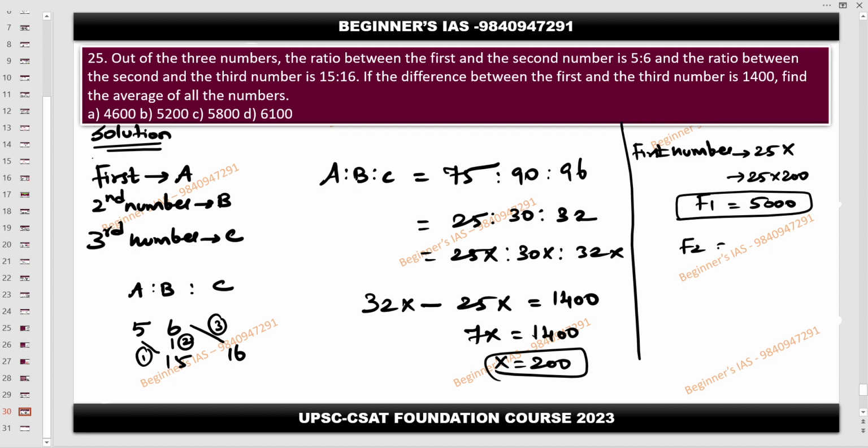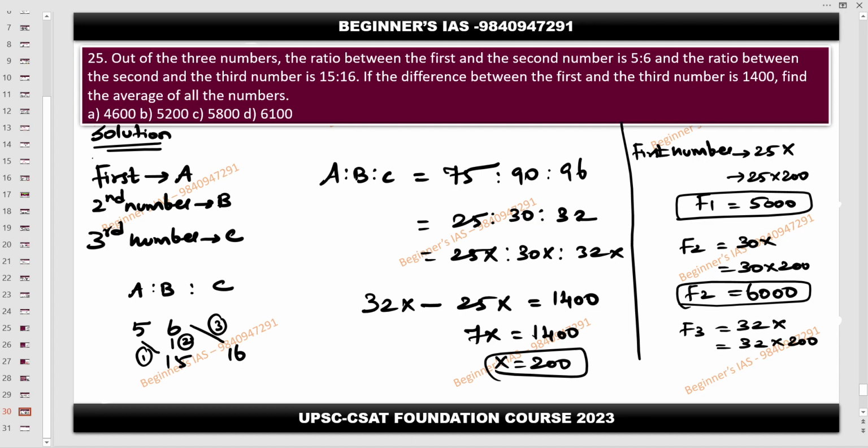F2 is equal to 30x, 30 into 200, which is equal to 6000. Then F3 is nothing but 32x, so 32 into 200, which is equal to 6400. The question is what is the average of all the numbers.